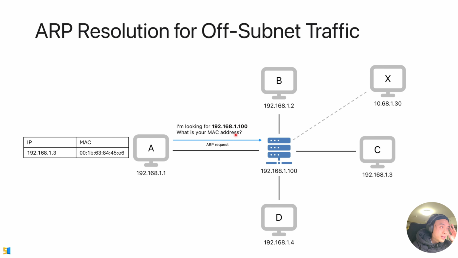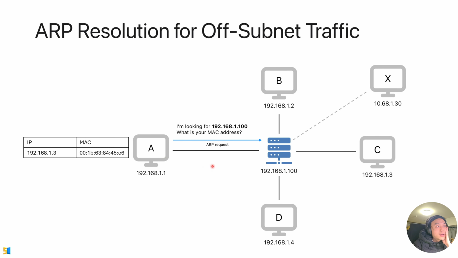This IP address is the gateway IP address, right? A will already have the X IP address. It does the subnet computation, which I have explained to you in the previous video. As a result, it knows that the destination is not within the same network, right?